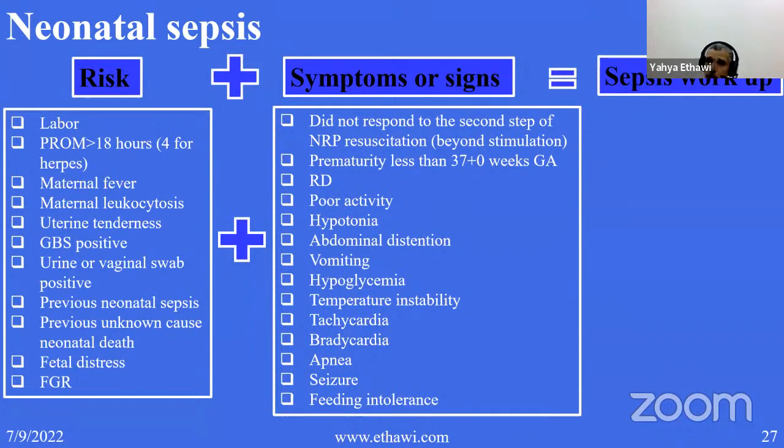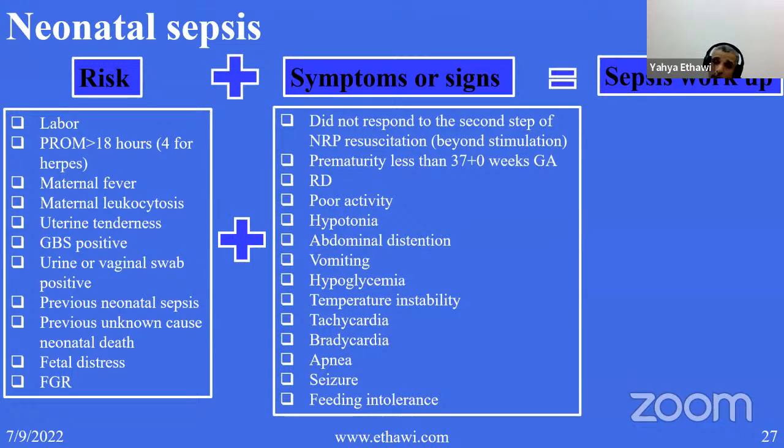The symptoms: if you give positive pressure ventilation for more than 10 minutes, any resuscitation that exceeds the first step of NRP. The first step is positioning, cleaning, stimulation, warming, and drying. If you need more than this, not stimulation, anything that is active, then you need to consider this as a symptom of infection.